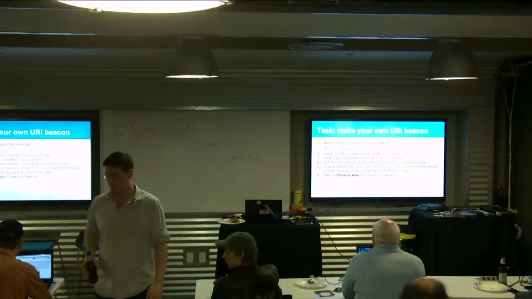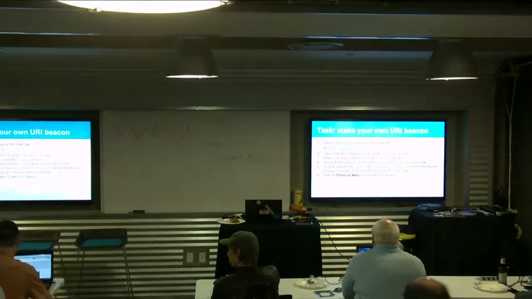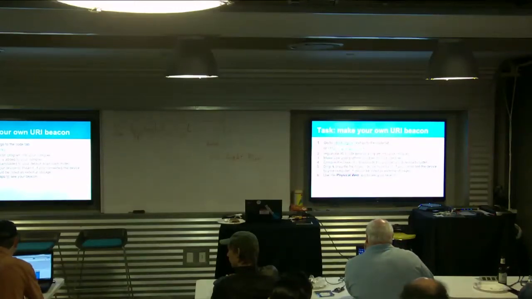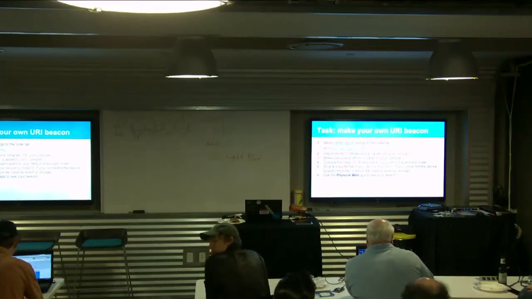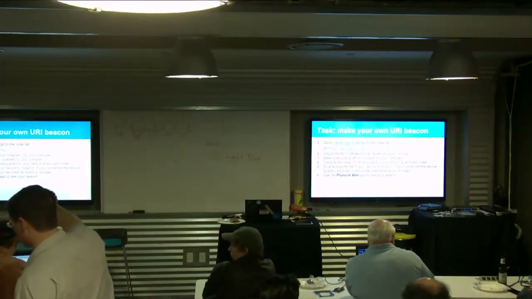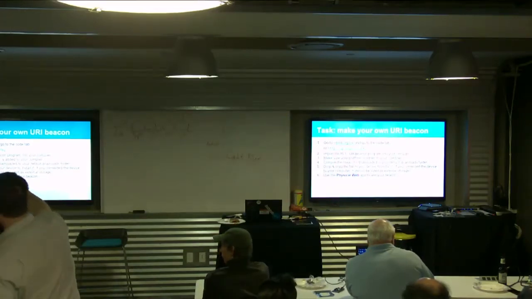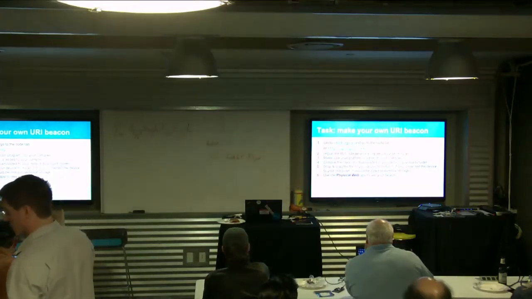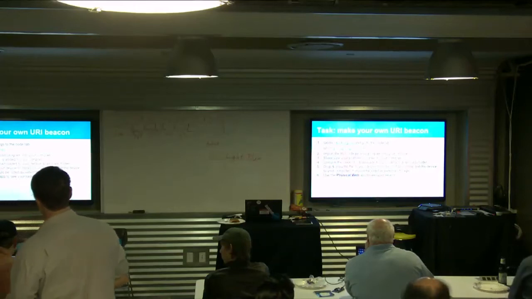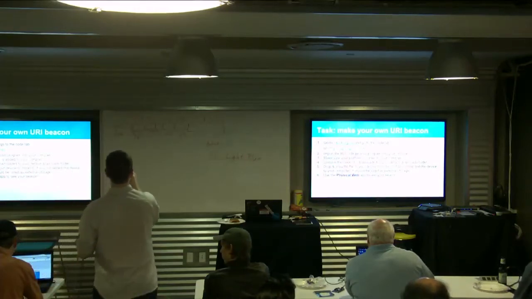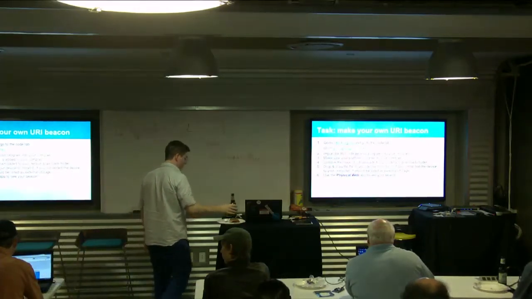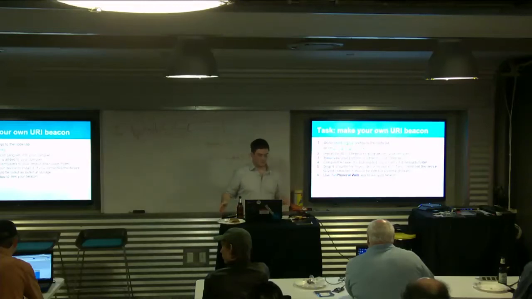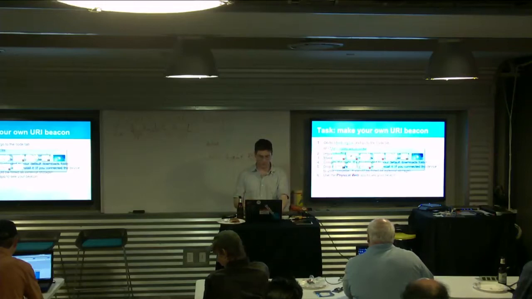So go to the page. No, it's on the page. You want to go to the UUID. So go to mbed.org/BLE. Find the BLE URI beacon code. It's in the code section. So under BLE, we should have a BLE underscore URI beacon. Yes.